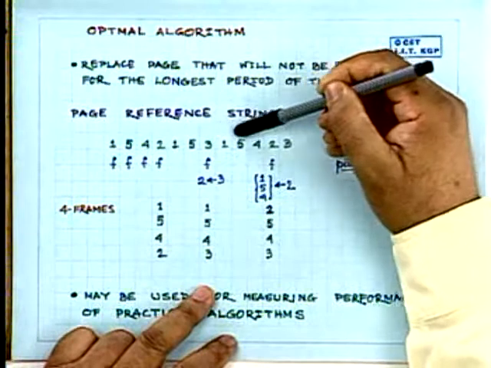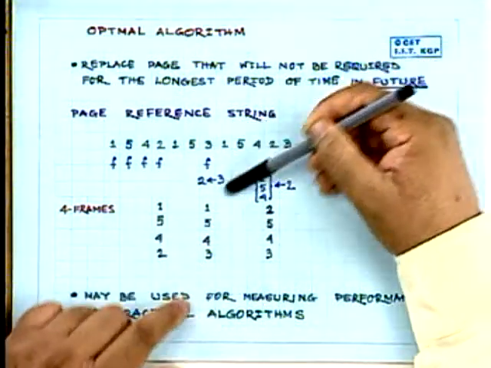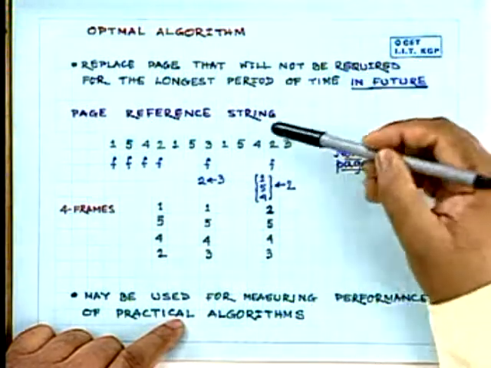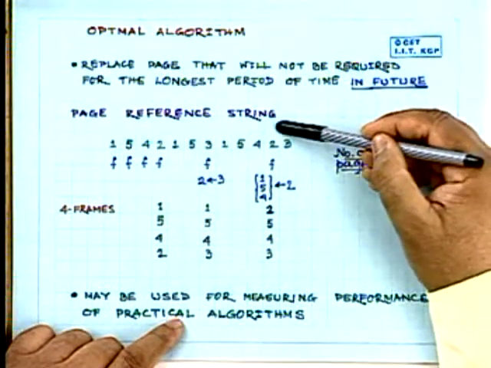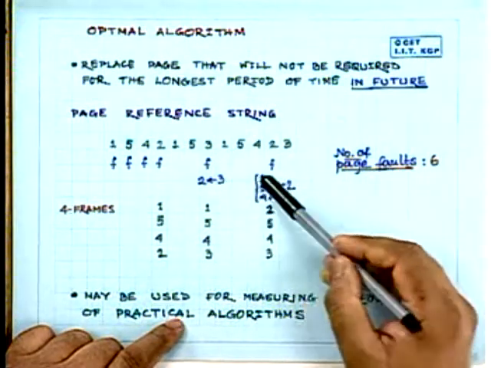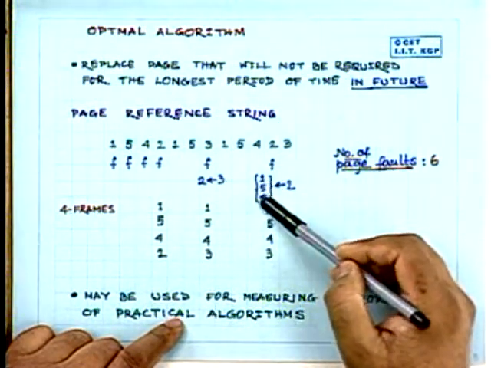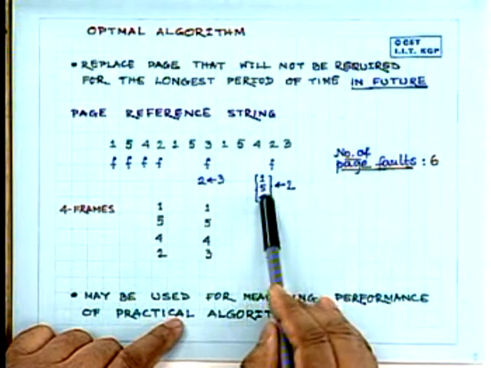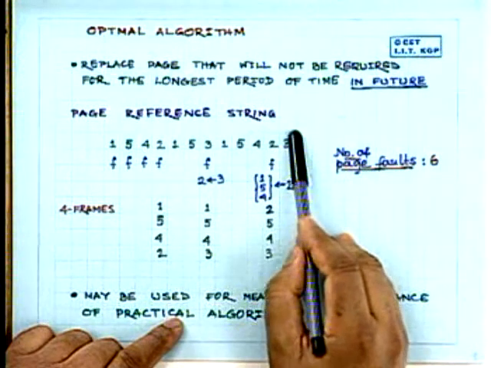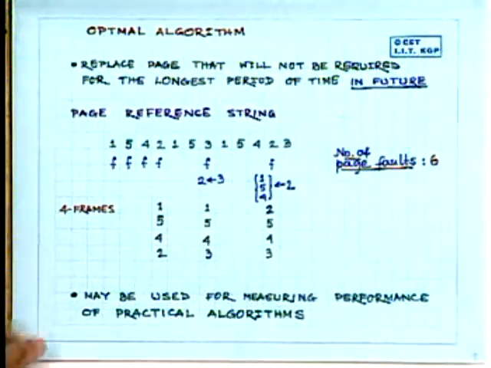Page 1, then page 5, then page 4, all of them are here, and therefore we do not need page replacement. Now page 2 is referenced, and since page 2 is not there, I can take page 1 or page 5 or page 4, replace it by page 2, and then go ahead once more. And since the process ends here, no more page replacement is necessary.